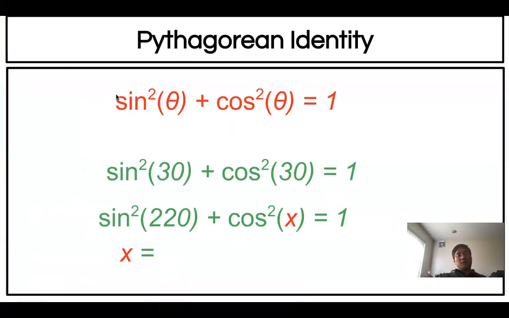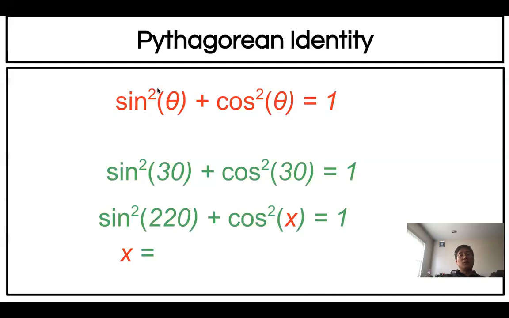So this is what we call the Pythagorean identity. From the Pythagorean theorem, in the unit circle, you know that sine of the angle squared plus cosine of the angle squared is equal to hypotenuse squared, right?